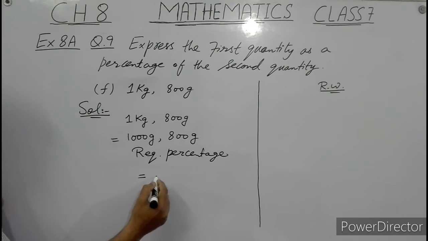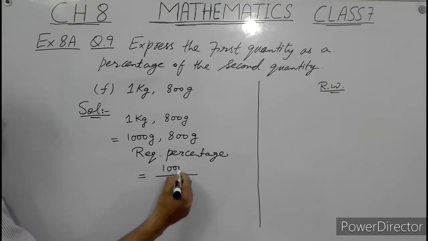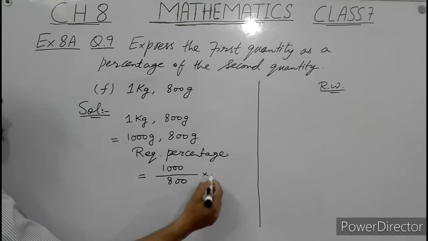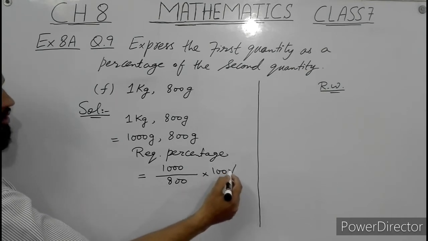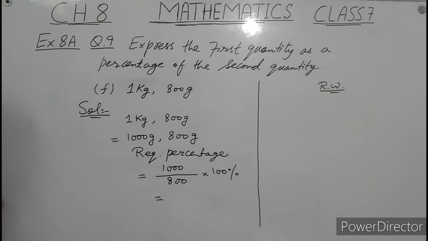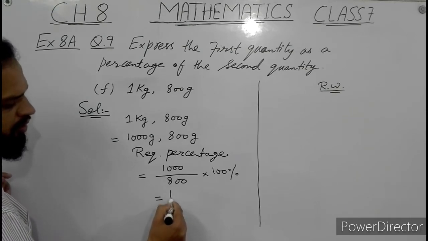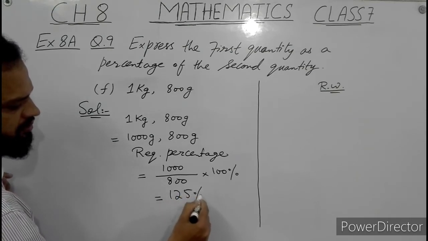First quantity will become numerator, second quantity will become denominator, and multiplied with 100%. By using calculator, it will be 125%.